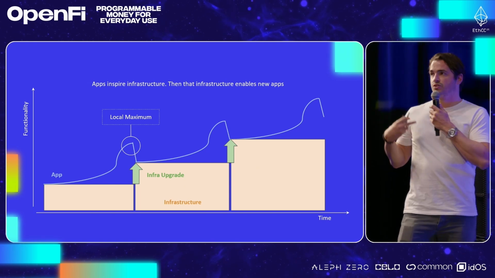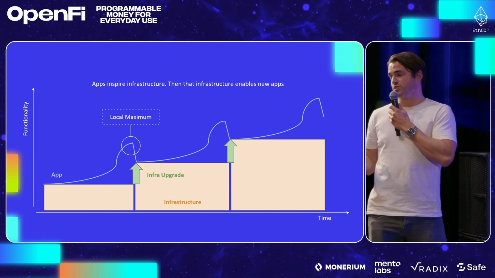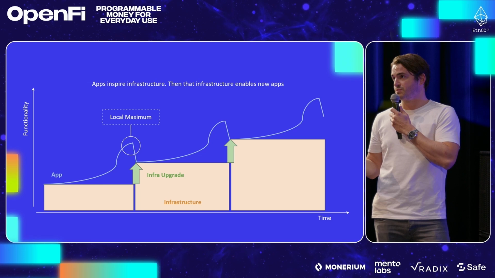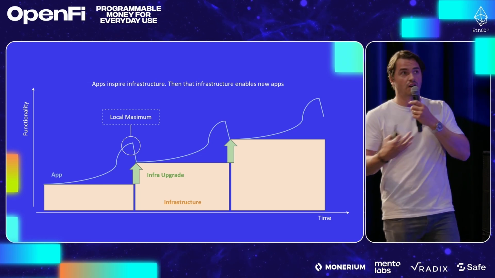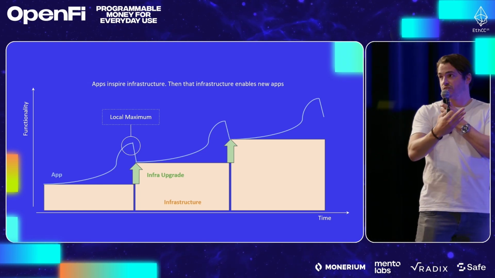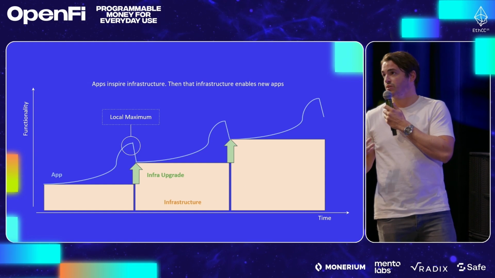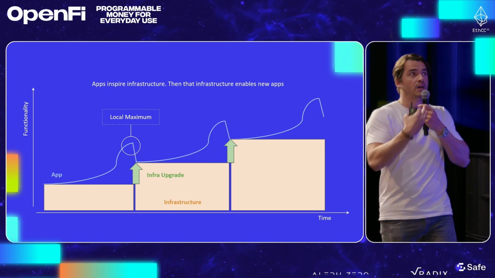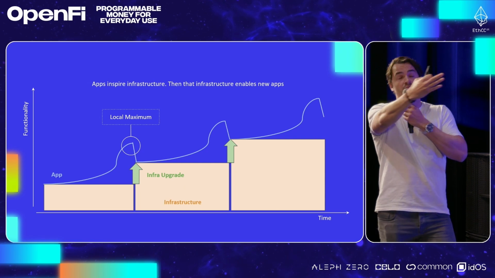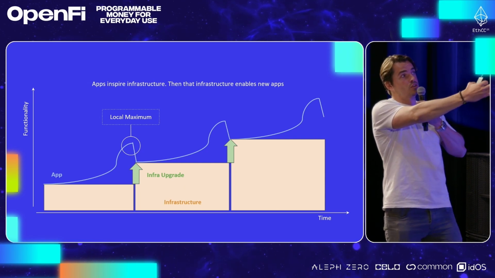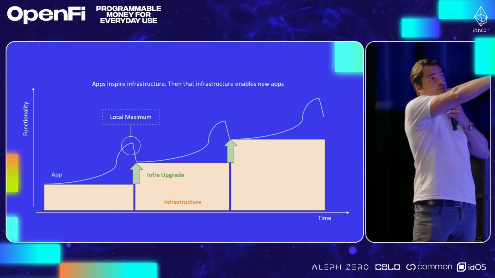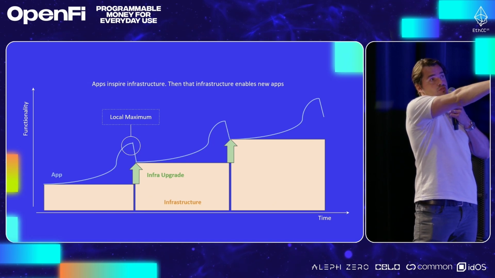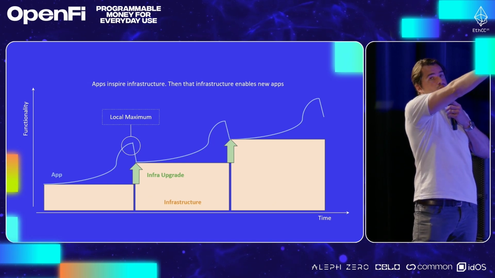And as a result, new infrastructure, which supports on core new principles, is being developed, after which we take a step back in functionality. Most of the time we deal with more friction, we reset, and we take another stab at a curve with better infrastructure as a whole. So again, the green arrow is your infrastructure upgrade, and you can see the local maximum.